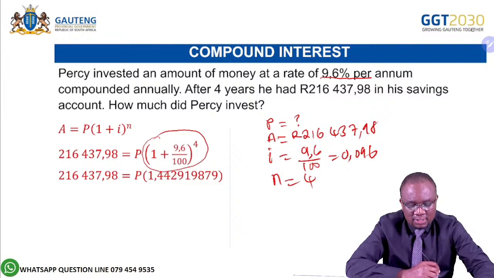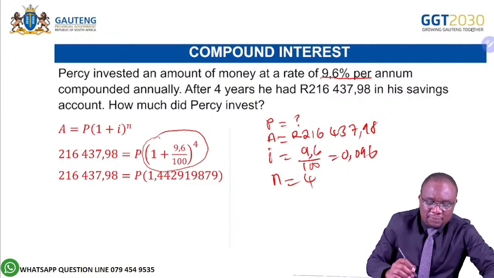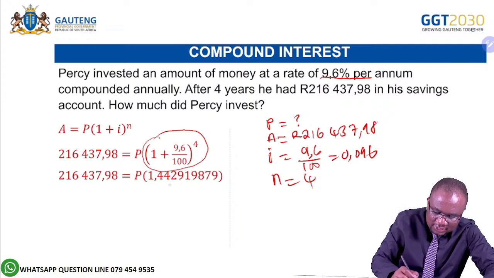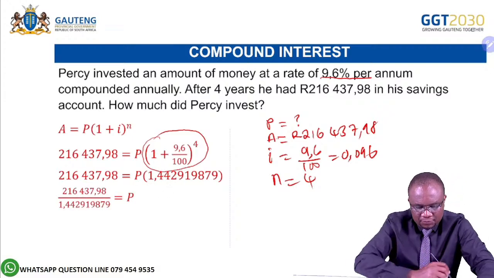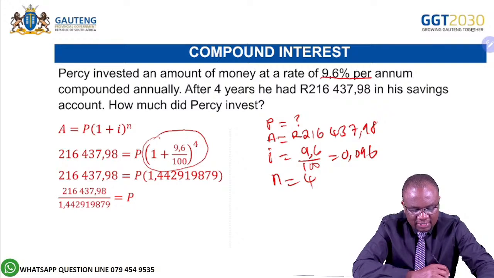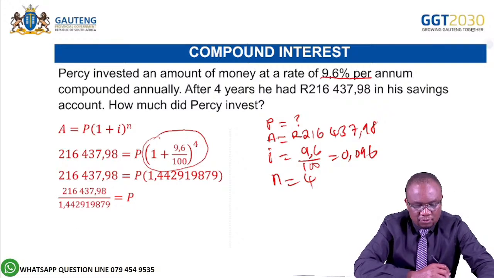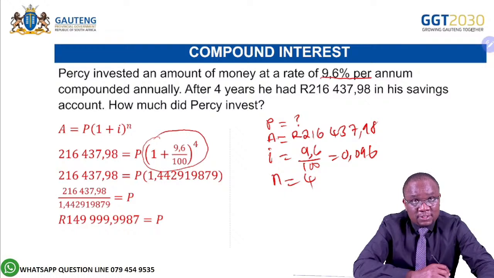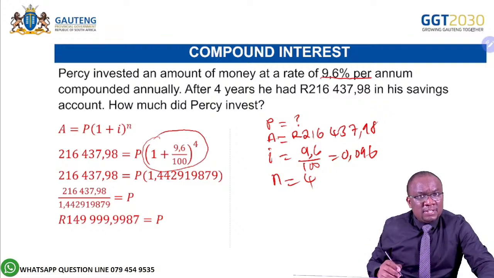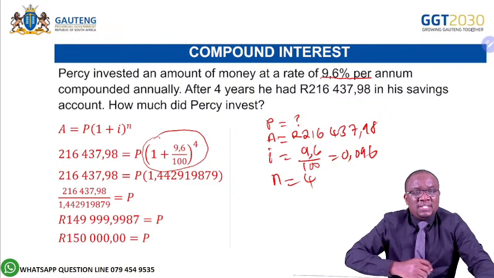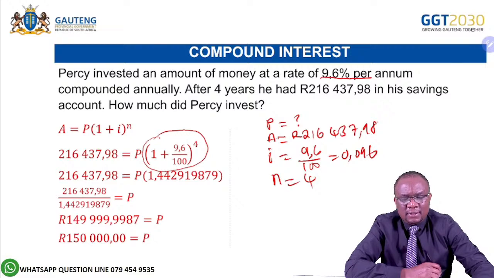Don't round off during calculation. Then what do we do to get P? We divide both sides by this whole thing, 1.442919879. Then P is equal to 149,999.9987. You see, when we round off this, we are going to get 150,000. So P is 150,000.